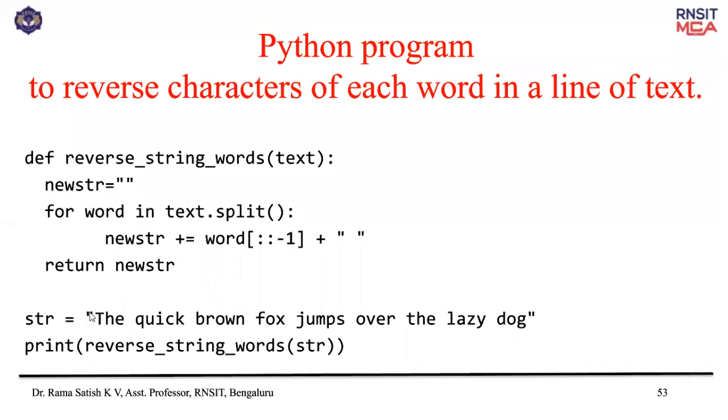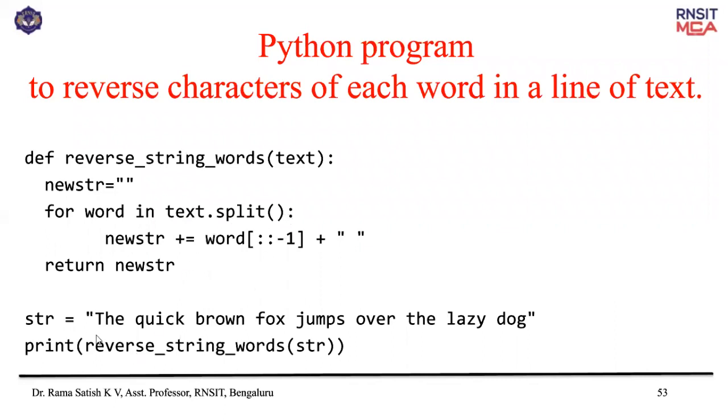Here, we have defined a user-defined function. Whatever we are storing in a string, we are passing it as a function call, and we are creating a new string. Each time we are looping for text dot split. When we write text dot split, what happens?